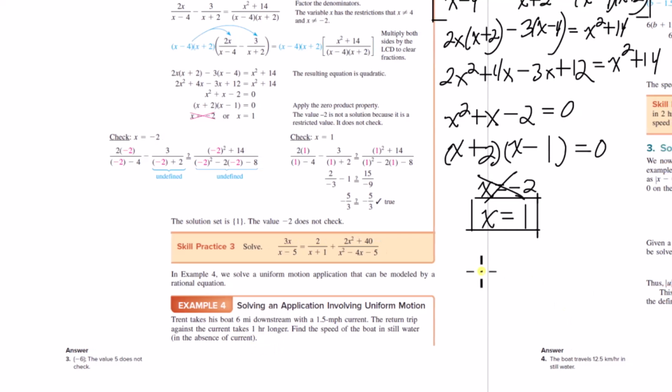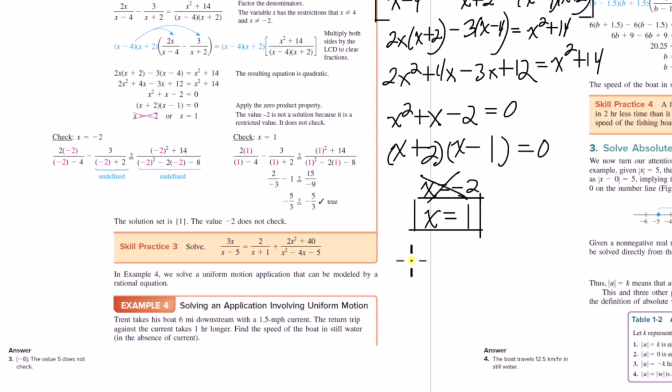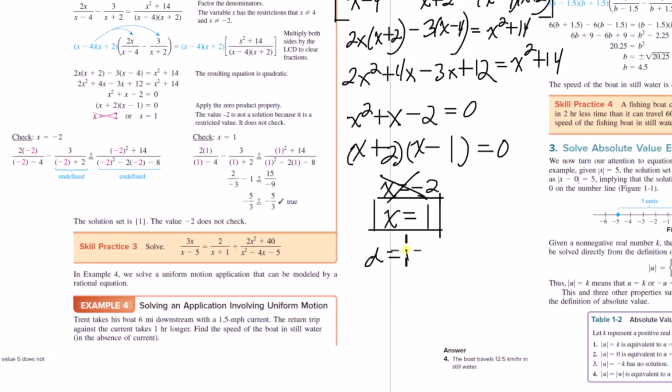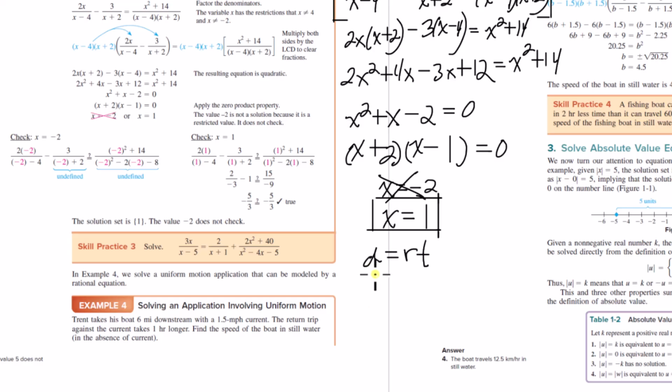So we know that distance is equal to rate times time. That's the main thing we're going to look at here. You've got the rate of the boat in still water and the rate of the current. The current is 1.5 miles per hour, so we don't need a variable for that. The distance is always going to be 6 because the whole trip is 6 miles.